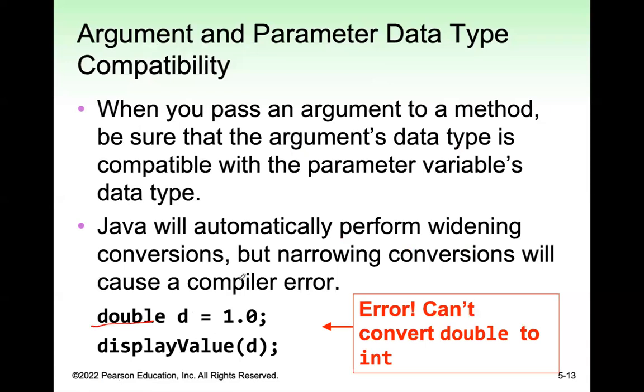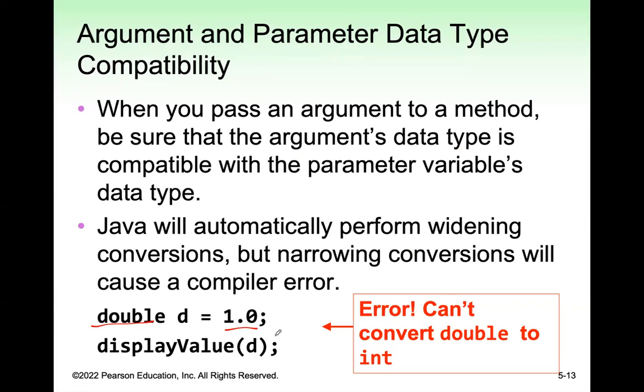Remember that a double is a float, a decimal number. So anything that has a dot notation is considered a double in Java, or a float. Now, these are not the same as integers, so this will cause an error if you try to send this value into your method.